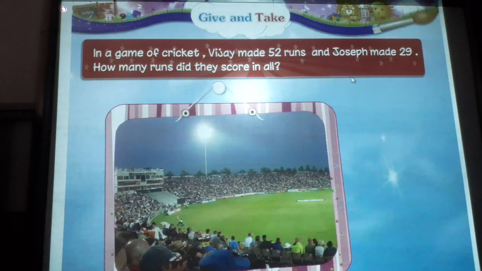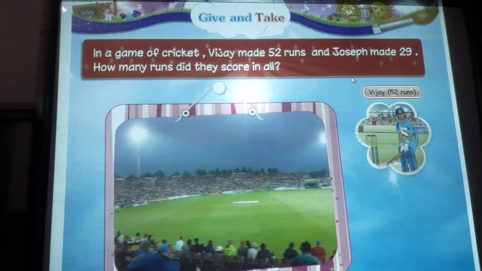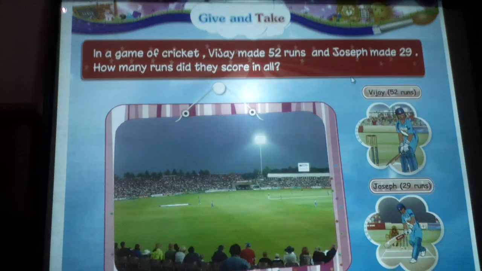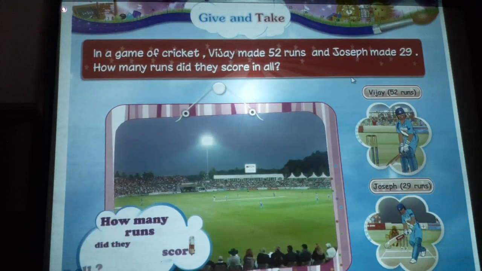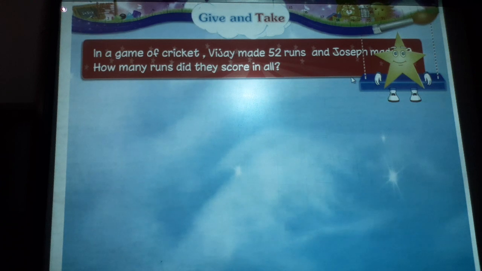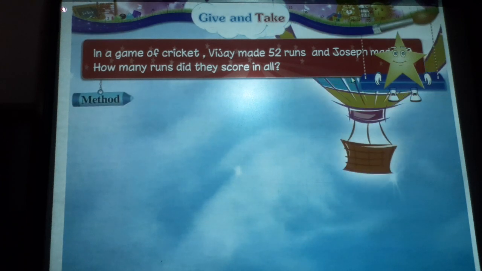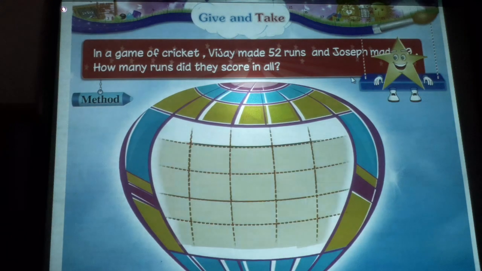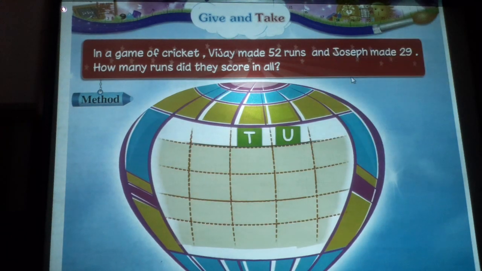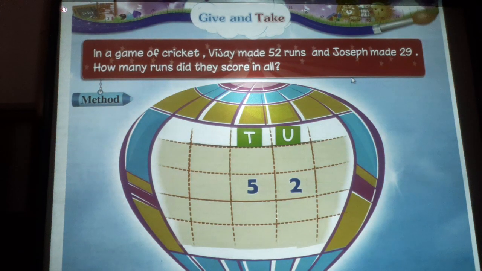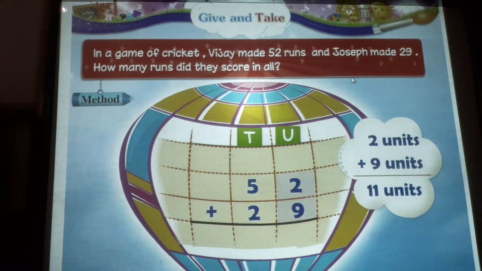In a game of cricket, Vijay made 52 runs and Joseph made 29. How many runs did they score in all? Stanley, tell me, what should we do to find the total runs scored? Yes, addition. We add 52 runs made by Vijay and 29 runs made by Joseph. 2 units plus 9 units make 11 units.